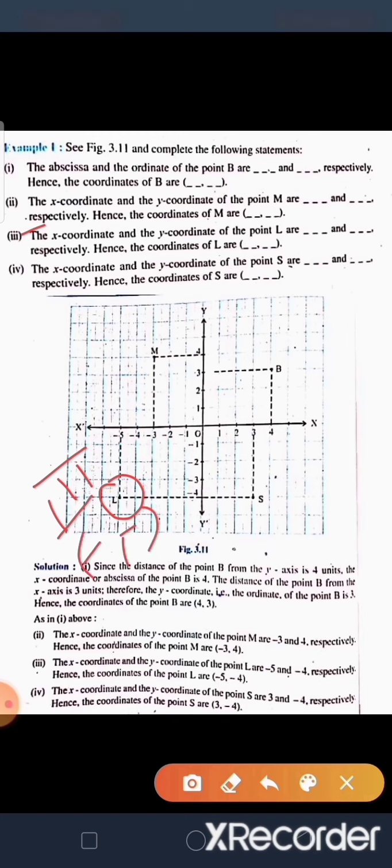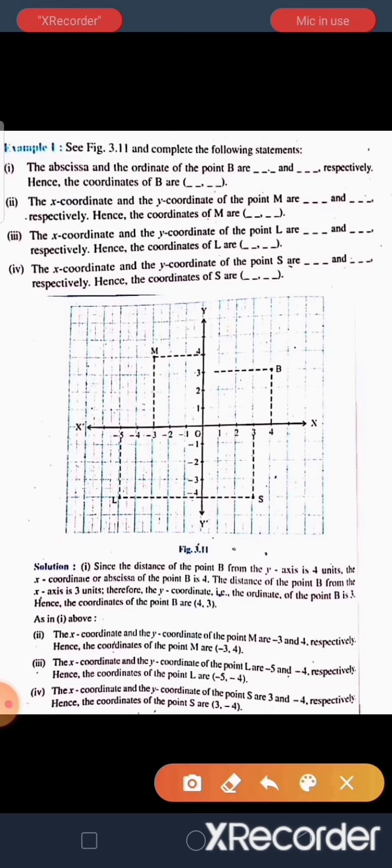So in the solution we write the x coordinate and y coordinate of point L. From the distance from the y axis we get the x value of point L as -5, and from the x axis we get the distance of L on the y axis as -4. So the coordinates of point L are -5 and -4.